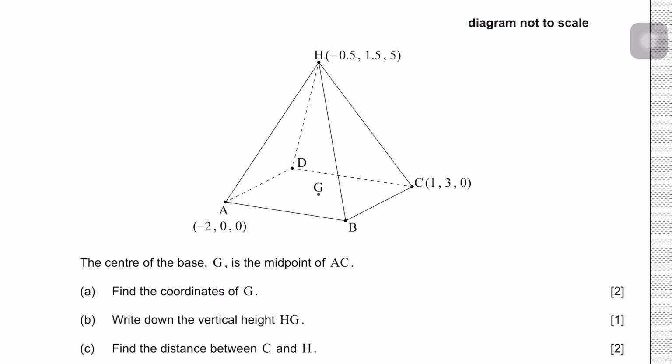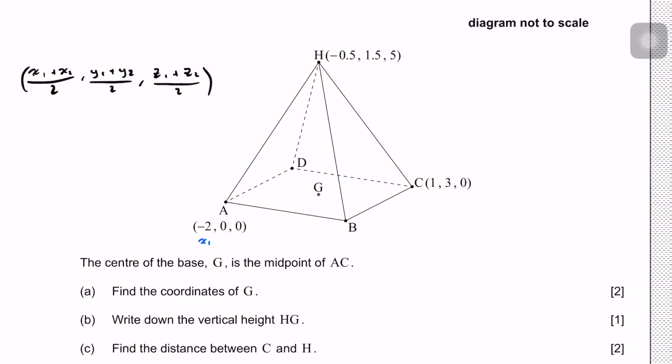So finding the midpoint of AC. Write out the formula first, and then we'll substitute. So we have (x1 + x2)/2, (y1 + y2)/2, and then of course (z1 + z2)/2.